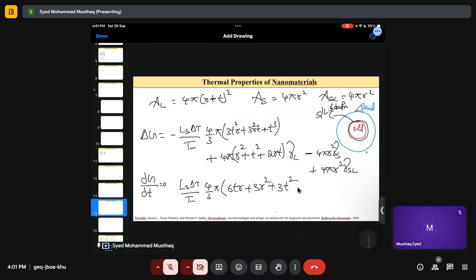Then we have 4 pi, and if you differentiate R square it will be 0, so you will have (2T plus 2R) gamma L, minus, and everything here is 4 pi R square.